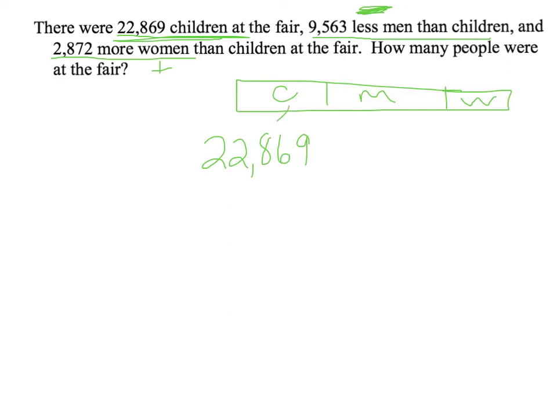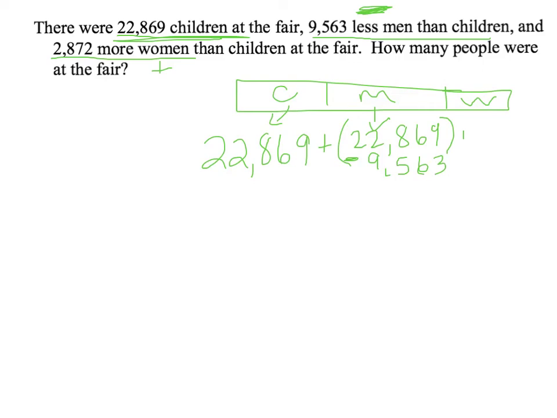So I have to start with my children, 22,869 minus 9,563. Okay, I got that part.